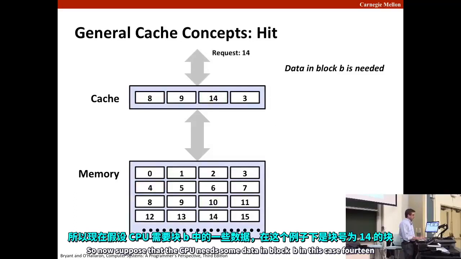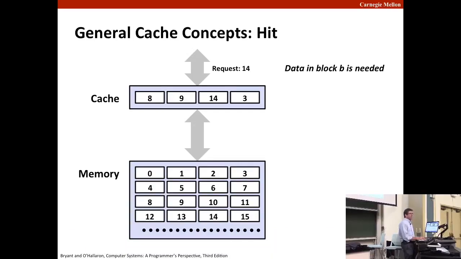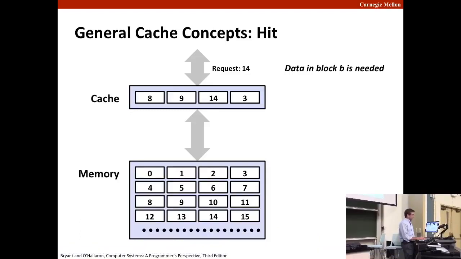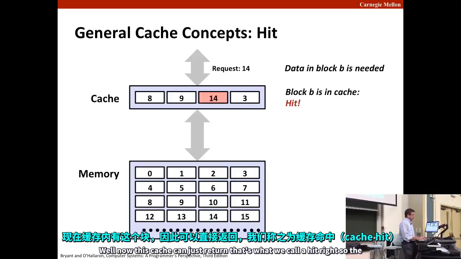So now suppose that the CPU needs some data in block B, in this case 14. So it needs a memory word that was originally stored in memory in block 14. Well, now this cache can just return it. That's what we call a hit, right?